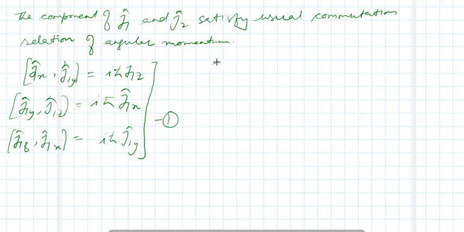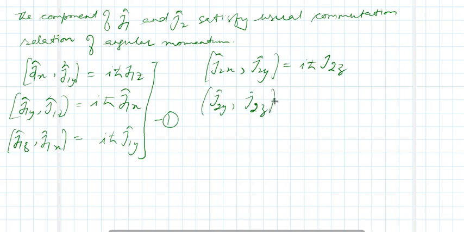Similarly, for the second particle, it will follow similar commutation relations. J2x, J2y, its commutator is equal to iota h cross J2z, and J2y, J2z is equal to iota h cross J2x.